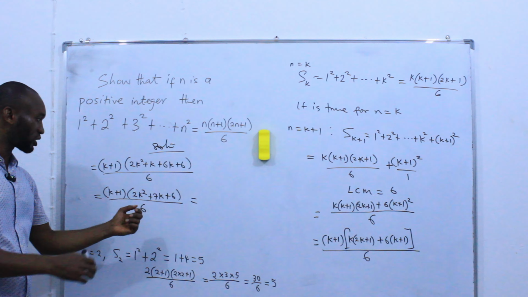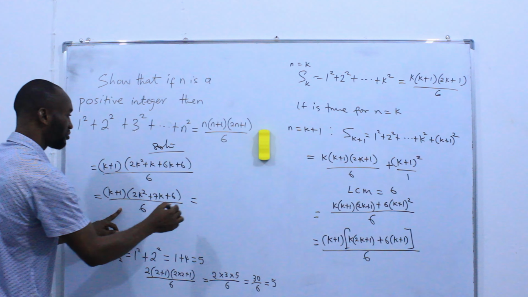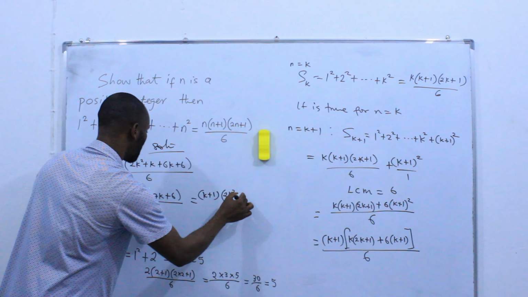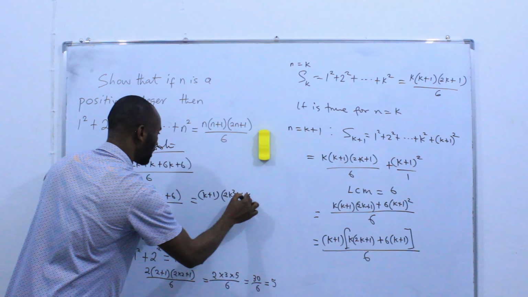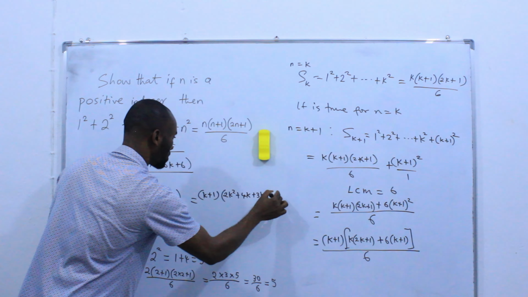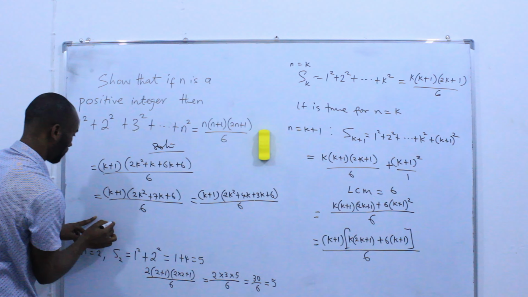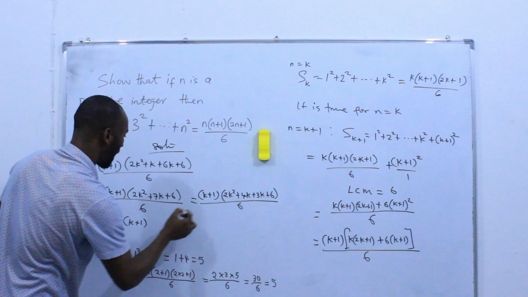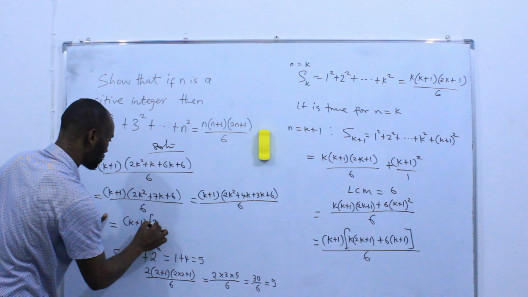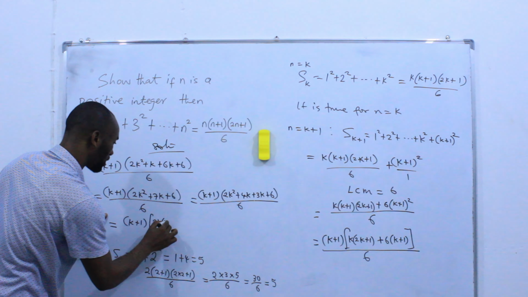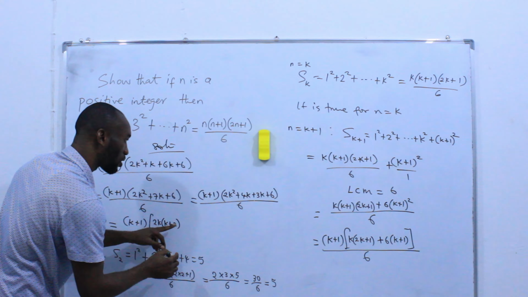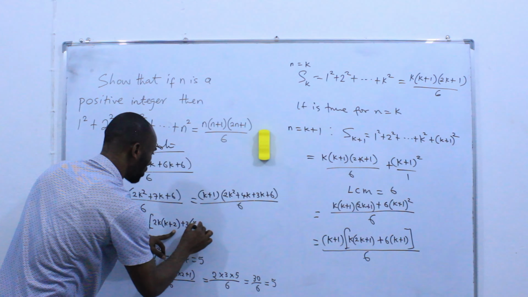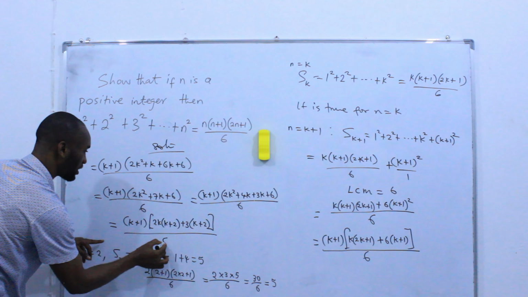Now, let's look at it more closely. This is a quadratic expression. If I factorize this, I'm going to have (k+1)(2k squared plus 4k plus 3k plus 6) divided by 6. Here in the bracket, I have 2k(k+2), then plus 3, which is common, (k+2), all divided by 6.